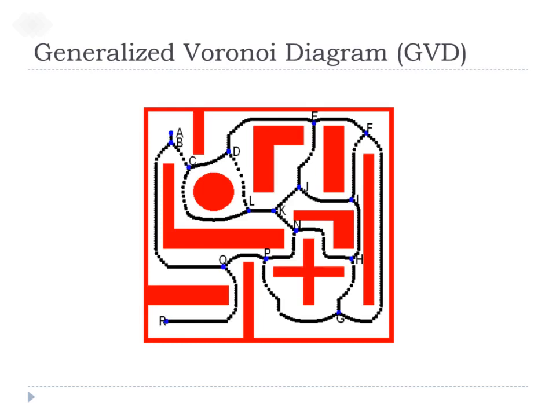So for example, L here, you can see that this L is having three nearby obstacles. One is this obstacle, the second is this, and the third is this. So these red shaped objects are obstacles, and Voronoi diagrams are constructed like this.